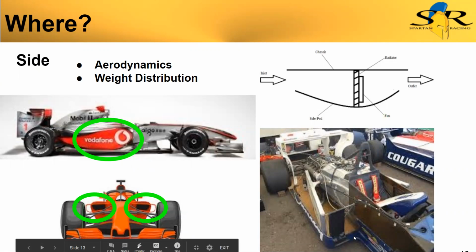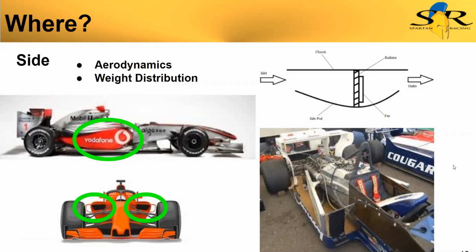And then your ducting, as far as working with aero, that's going to be a big balance, and something that the cooling team and the aero team have to work together on. We'll get into this more next time for sure.